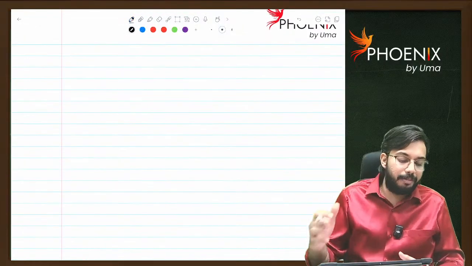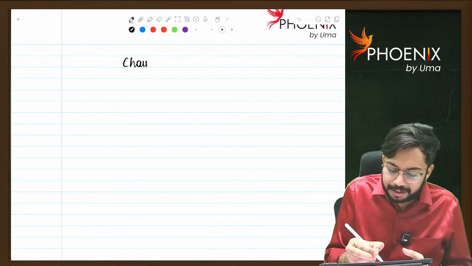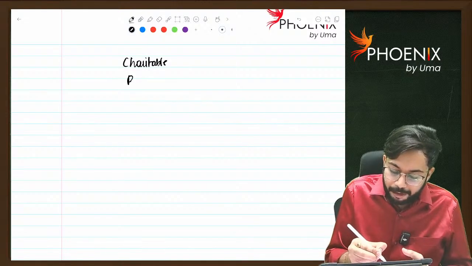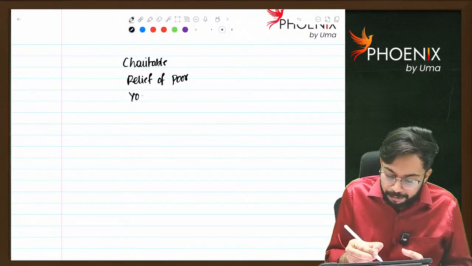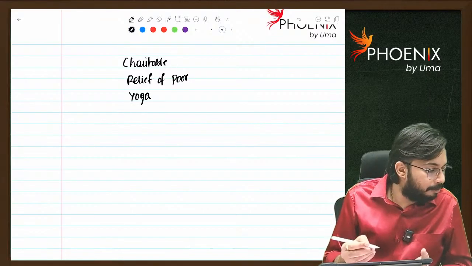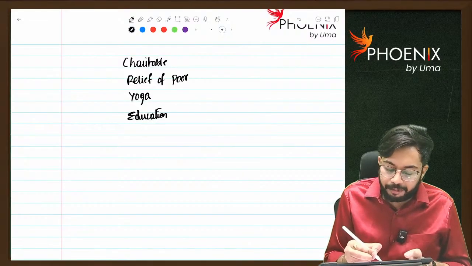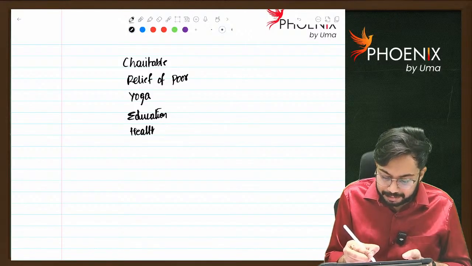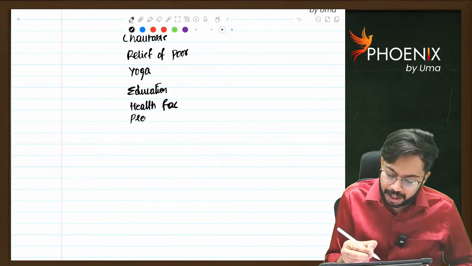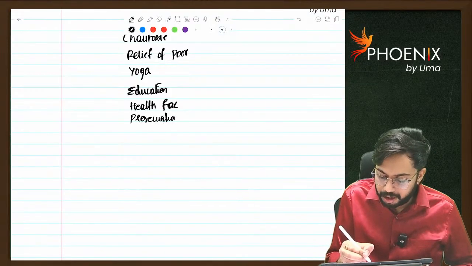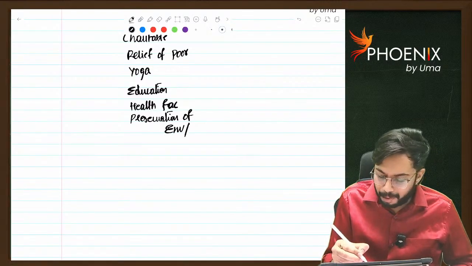Why can a trust be formed? Can someone tell? A trust can be formed for charitable purpose, or for relief of the poor, or for yoga, or for education, or for providing health facilities, or for preservation of environment, or monuments.